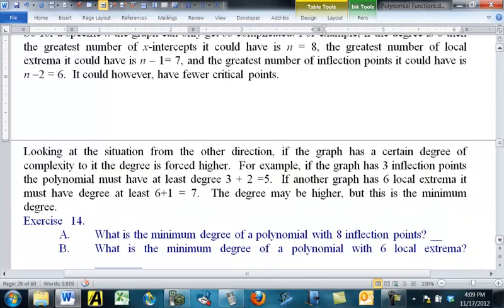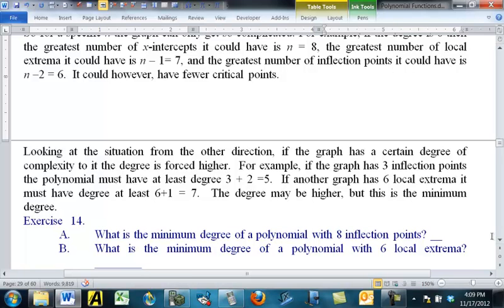On the other hand, if you look at it from the other direction, if the graph has a certain degree of complexity to it, that forces the degree to be at least a certain size. For example, if you see 3 inflection points, you know that polynomial must have a degree at least 2 higher, degree 5.